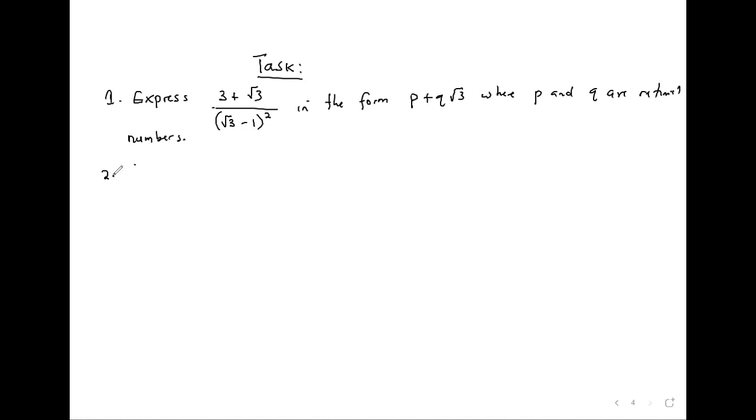Two, given that a is rational and root 2 is irrational, and a is not equal to 2.